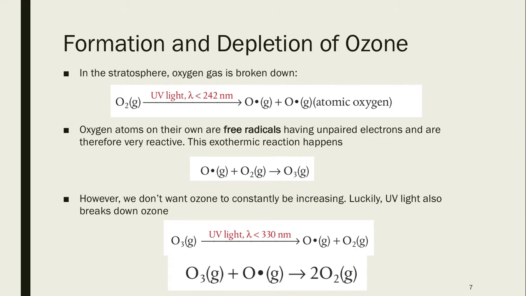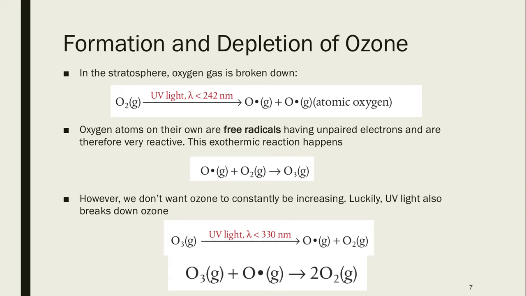So in the stratosphere, oxygen gas is broken down as seen here. So O2, when given a UV light with a wavelength less than 242 nanometers, is broken down into two oxygen atoms, okay, atomic oxygen. So the bonds break, that double bond breaks into oxygen.